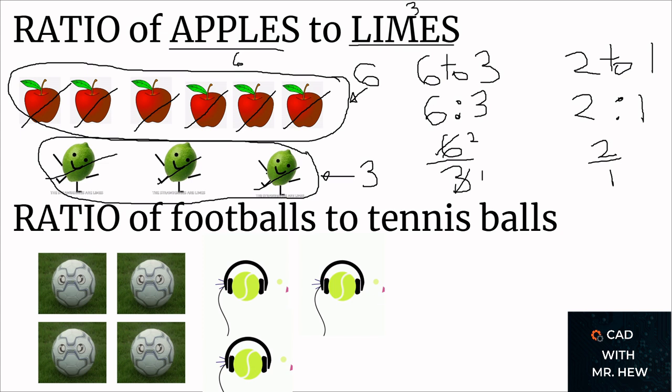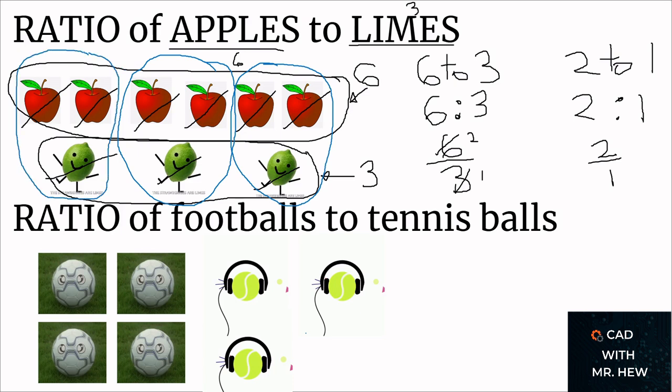So this would be 2 apples to 1 lime, 2 apples to 1 lime. So that is the ratio.